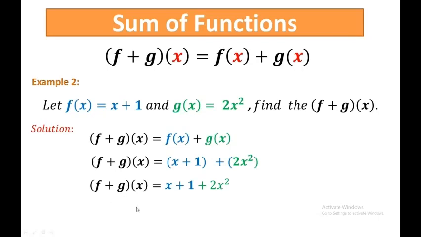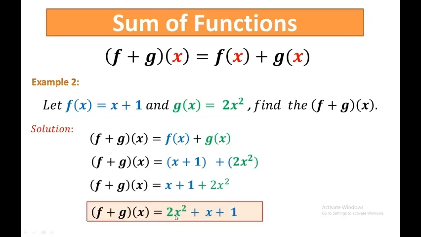Now let's combine like terms. What are we going to do? Can we combine 2x squared and x? Of course not. So dun sa exercise natin a while ago, di ba hindi pwede combine the x squared and the x because they have different exponents. So magkaiba si 2x squared and the x. So we cannot combine them together. So all we need to do is just arrange our expressions from the highest degree of exponent.